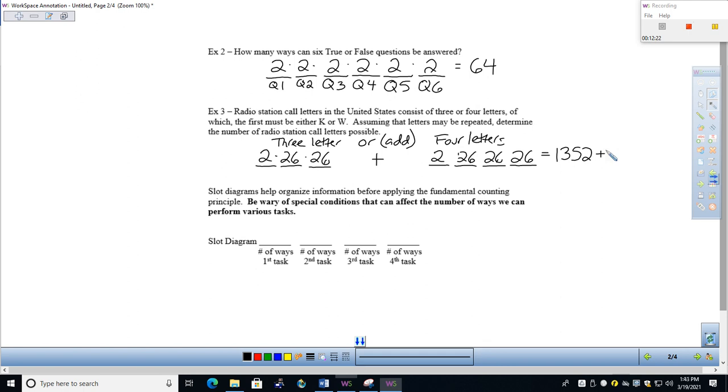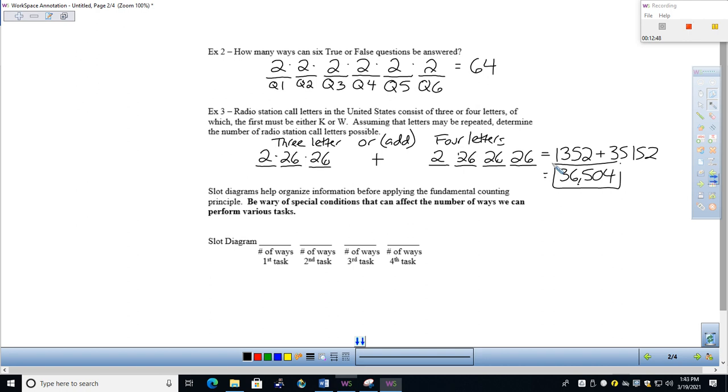And then for the 4-letter possibilities, if I do 2 times 26 times 26 times 26, I get 35,152. Excellent. And then, of course, I'm going to add those together, and so I get 36,504 possibilities for 3 or 4 radio station call letters.